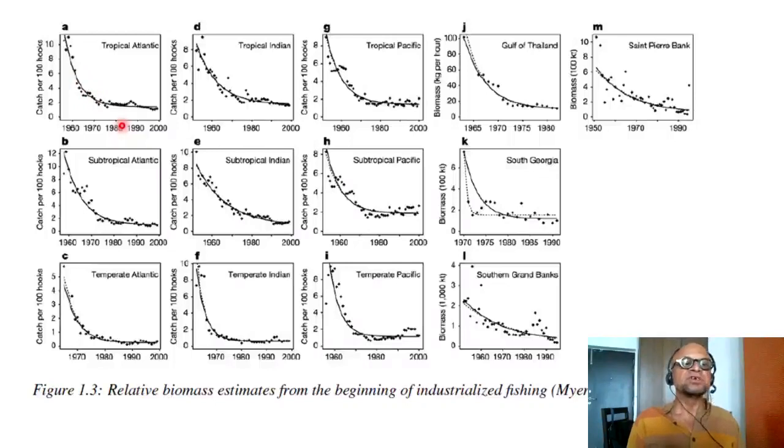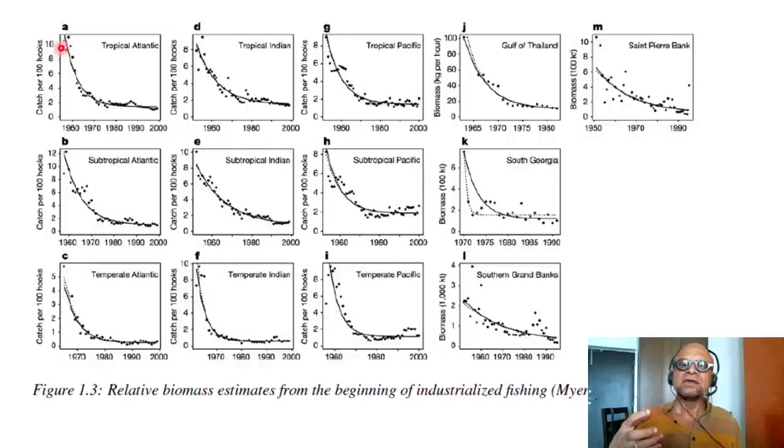Of course, this catch per unit effort, or catch per 100 hooks, is useful because it normalizes against the number of increased hooks. Obviously, the number of fishing boats and ships out there has increased, but you are looking at catch per unit effort.